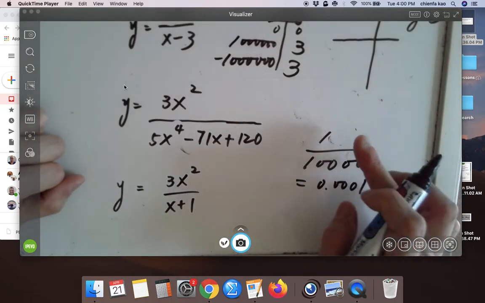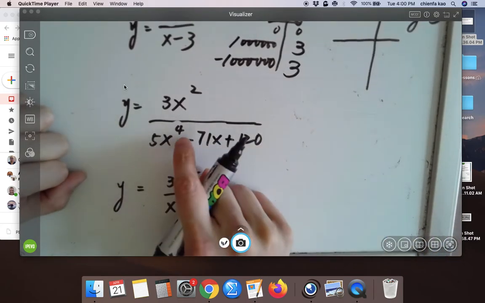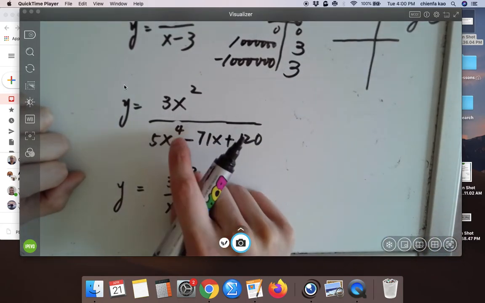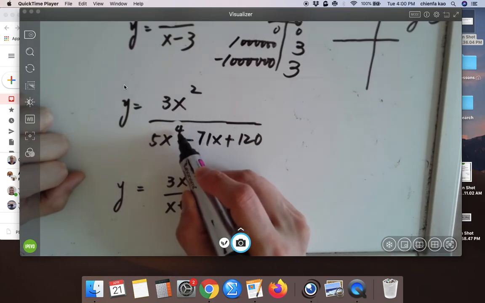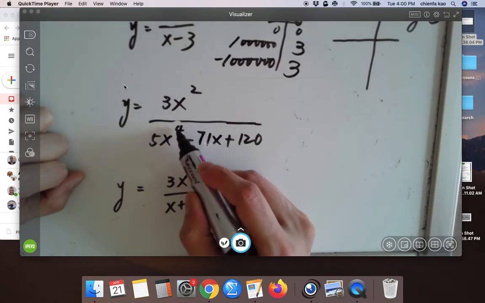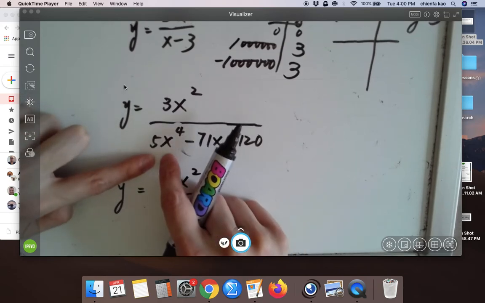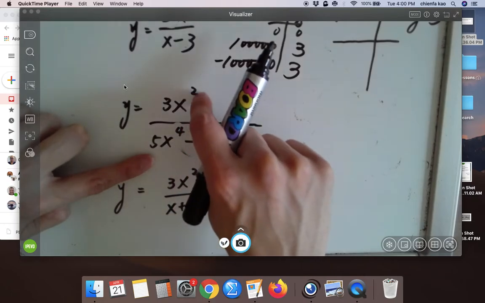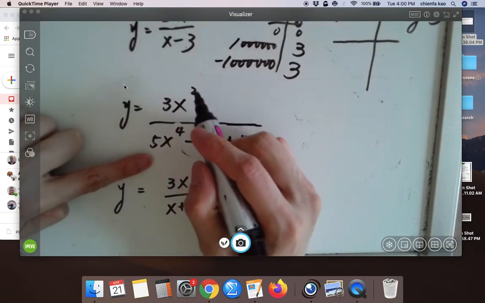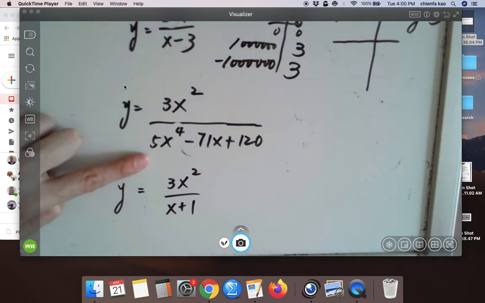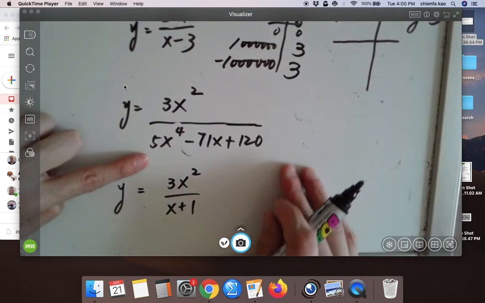What I'm trying to say is that if the denominator has a larger exponent, if you have a large number, it will cancel out the top one. And then this number will become infinitely larger than the top as x approaches infinity.